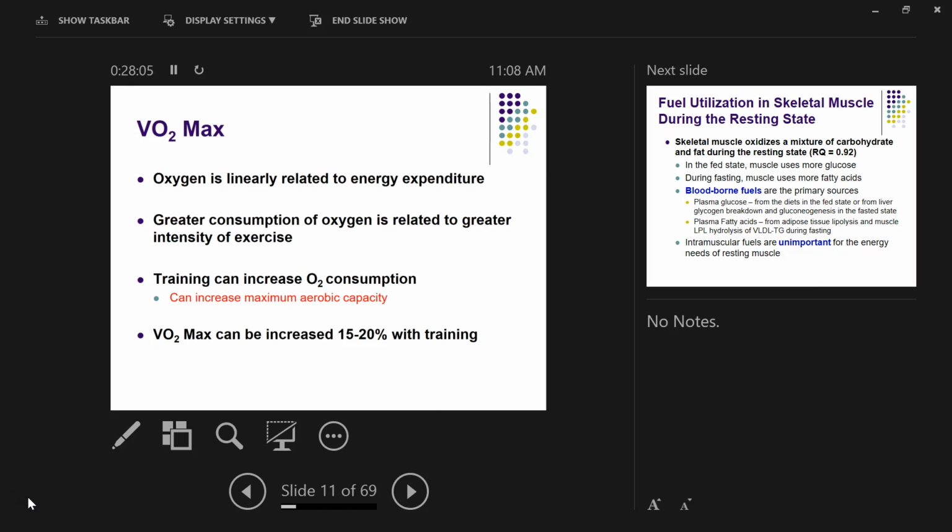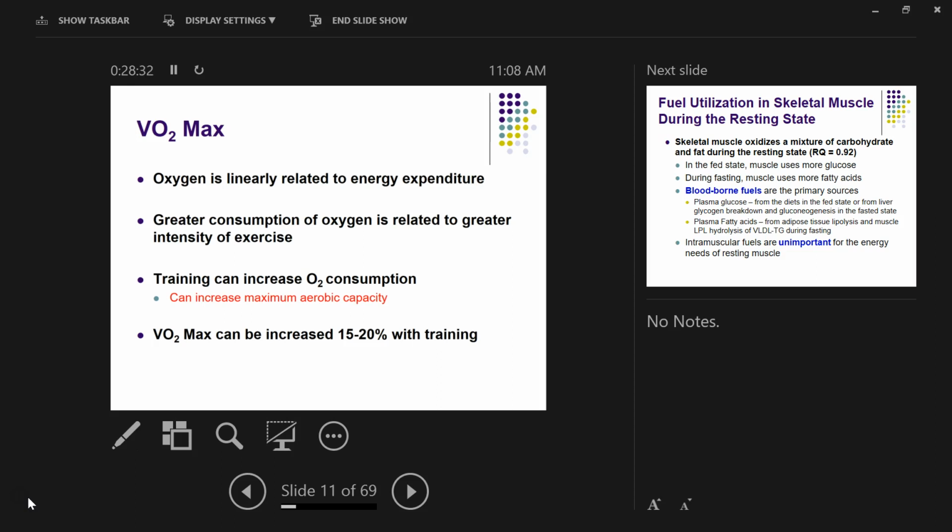So energy expenditure is related to oxygen consumption, and greater consumption of oxygen is also related to greater exercise intensity, like the last slide I was showing: low intensity 25%, moderate 60%, high intensity 80%.